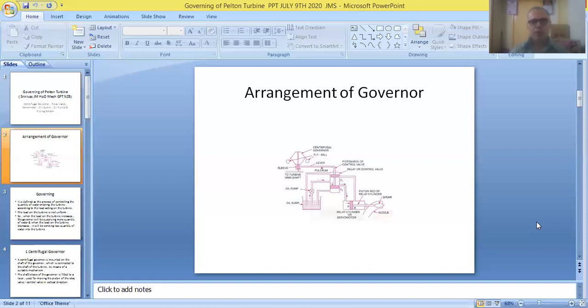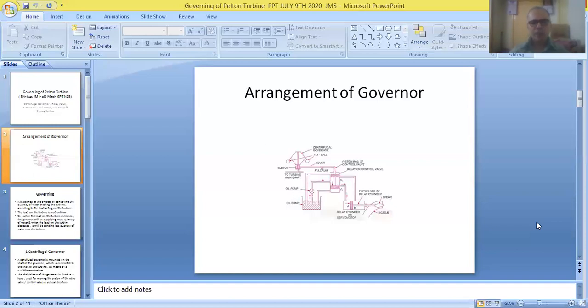Therefore, when the piston of the servomotor moves in forward direction, naturally the sphere will also be moving in forward direction, so it will be sending less quantity of water into the turbine. Similarly, when the piston of the servomotor moves in reverse direction, the sphere will also be moving in reverse direction.